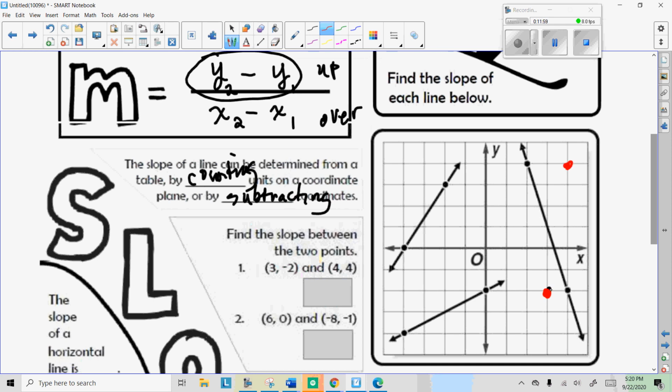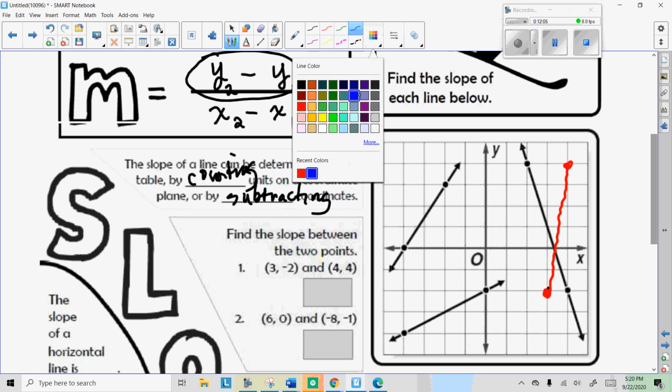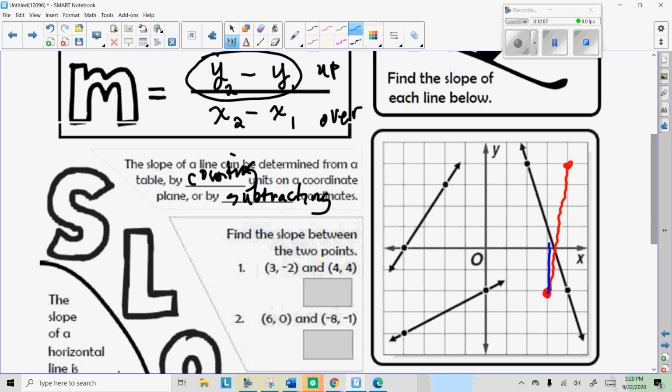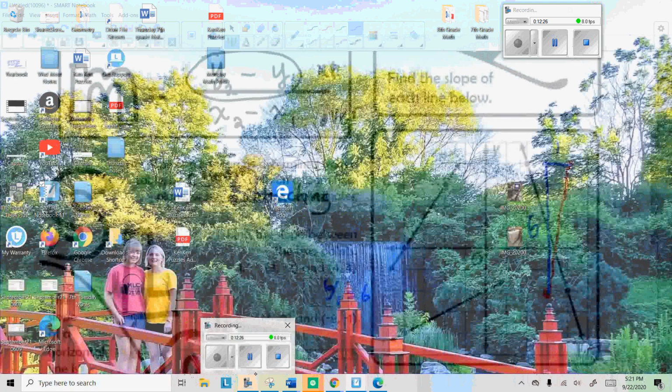So we're going to draw on that line. Okay, and we're going to do a rise and a run. So count that distance, that's 1. Make sure those lines are vertical when you draw them, the rise and the run, and horizontal. And looks like 6 over 1, so our slope is 6 over 1. If it's over 1, you could just write it as a whole number.